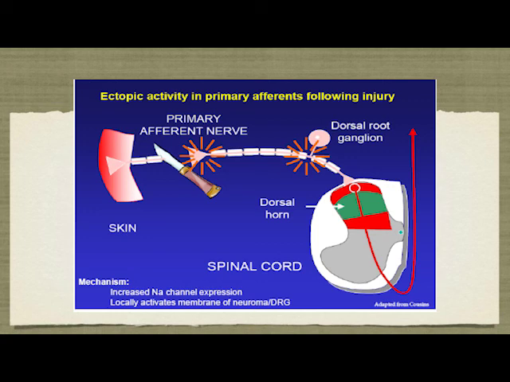For some reason, either traumatic, ischemic, or chemical, any injury to the peripheral nerve led to two things. It led to an increase in the sodium channels across the fibers and the dorsal root as well. When you increase the sodium channels, the action potential can develop spontaneously. The pain can be created by itself and maintained by itself.